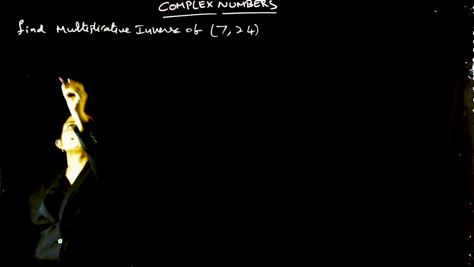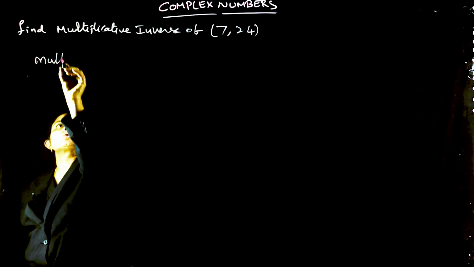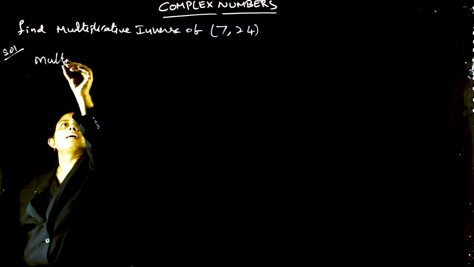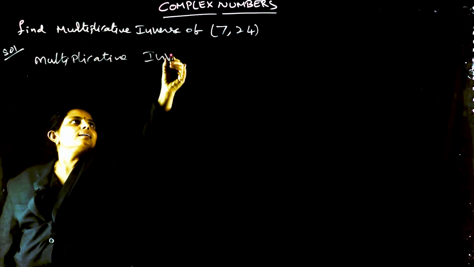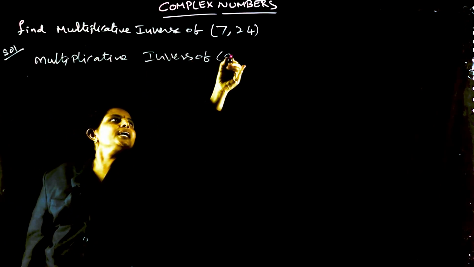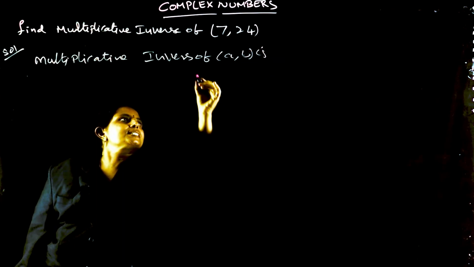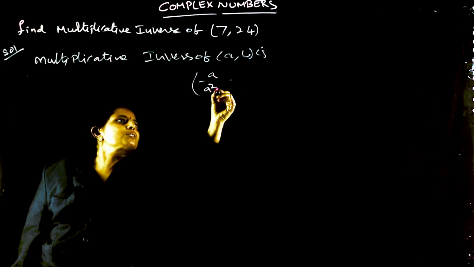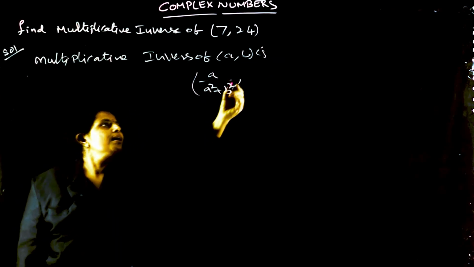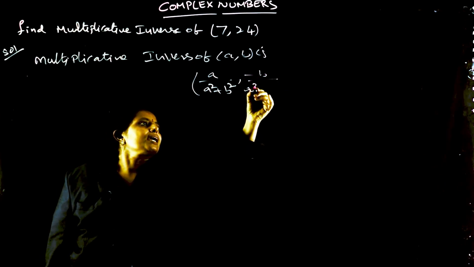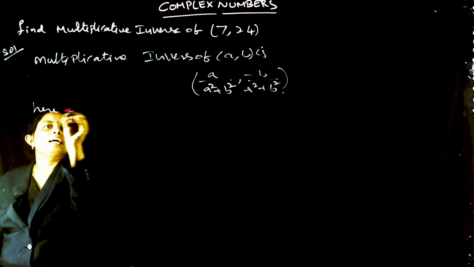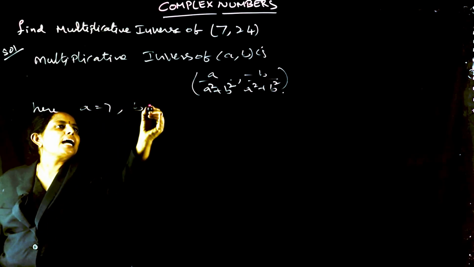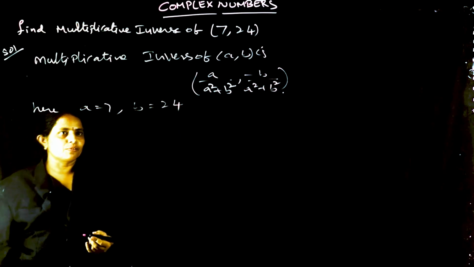We already discussed that multiplicative inverse of a comma b is given by a by a square plus b square comma minus b by a square plus b square. So here what is your a? a is given as 7 and b is given as 24.